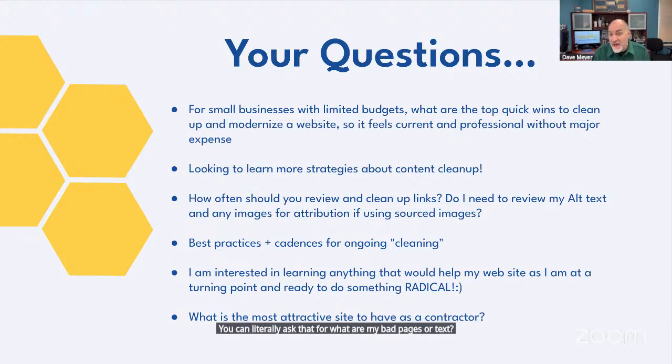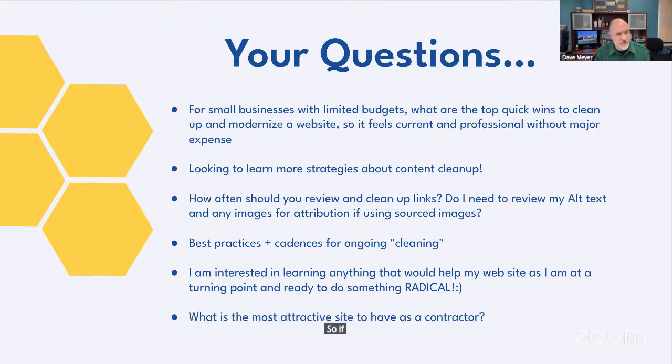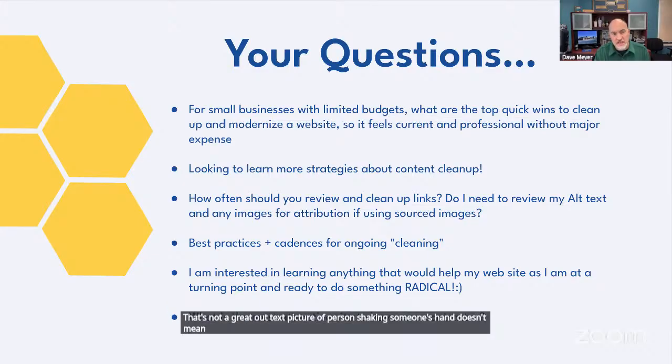Any image that doesn't have alt text is a miss, and that alt text needs to refer to the point of the post. So if it's a picture of a person shaking someone's hand, that's not great alt text. "Picture of person shaking someone's hand" doesn't mean anything to the audience.